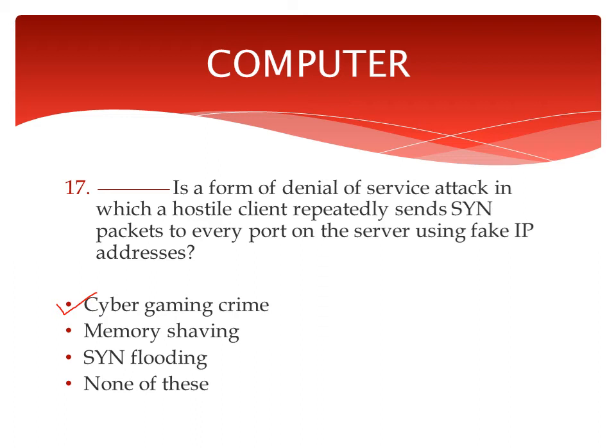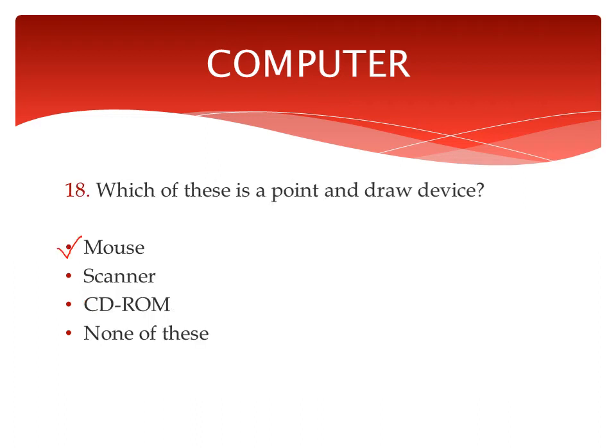Correct answer is cyber gaming crime. 18th question: which of these is a point and draw device? First, mouse; second, scanner; third, CD-ROM; fourth, none of these. Correct answer is mouse.